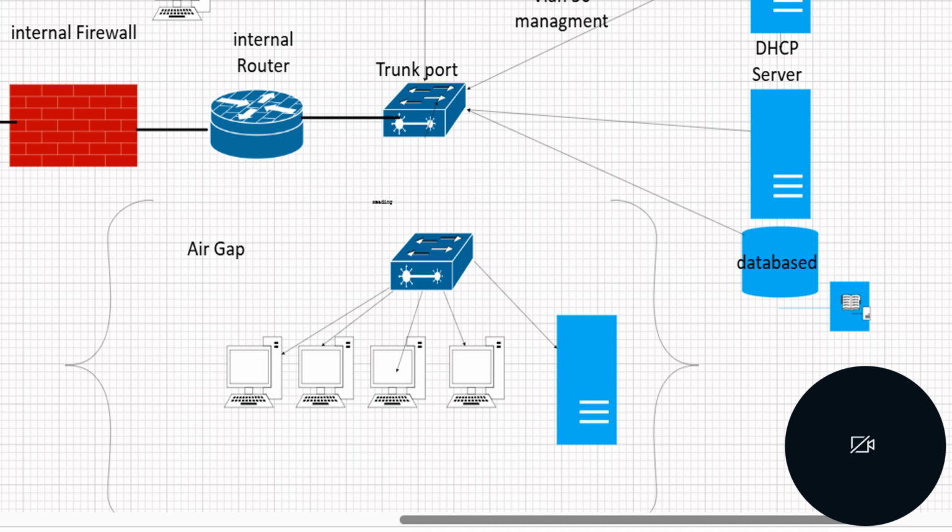All the data is isolated from the network in case there is a threat. This part of the air gap is fully safe. It is not connected with any network.